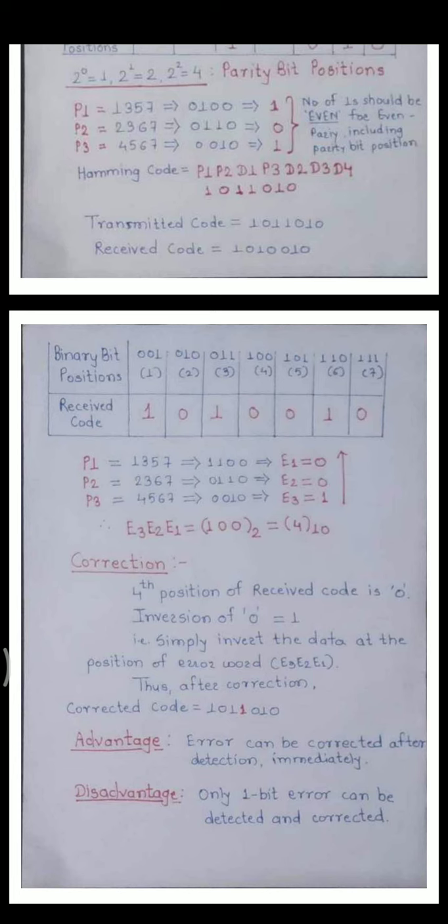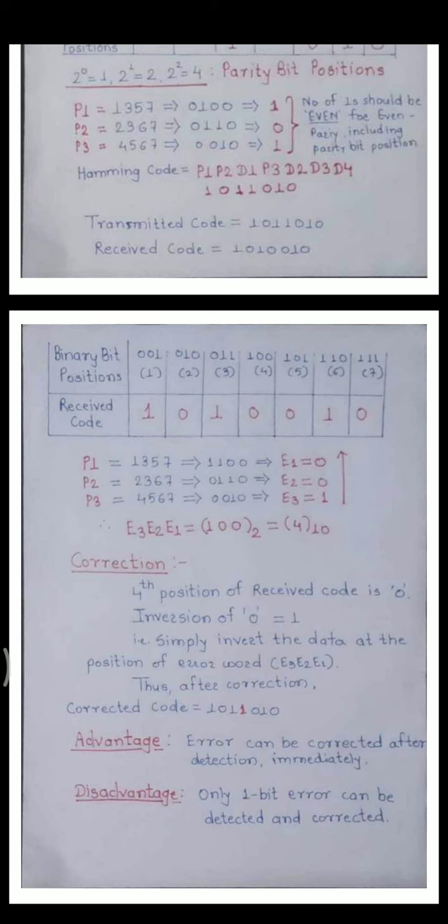So let's check for P1 here, 1, 3, 5, 7. We are taking the example of even parity. So the 1, 3, 5, 7 positions have the corresponding data 1100. You can see in the above table 1100. Here the number of ones is already even, which is 2.